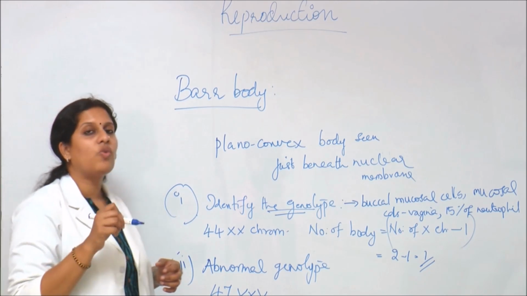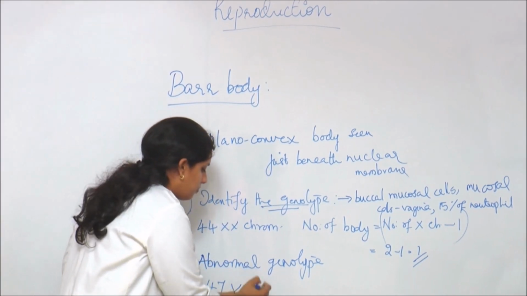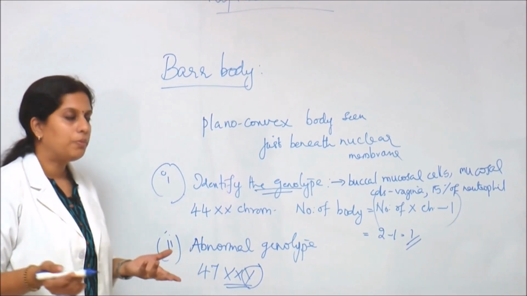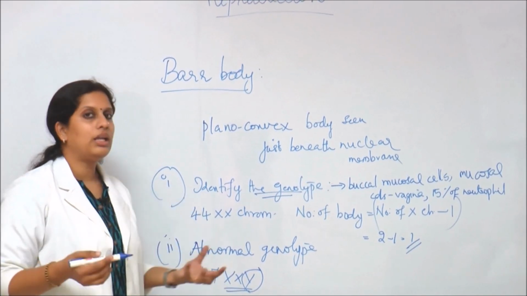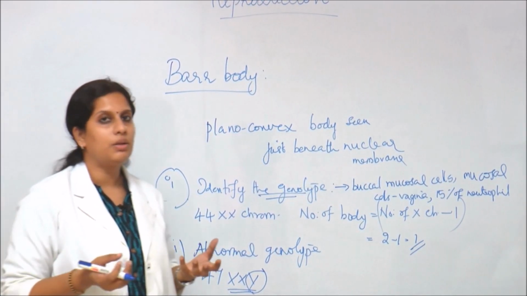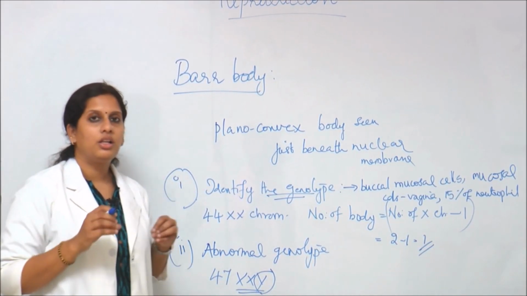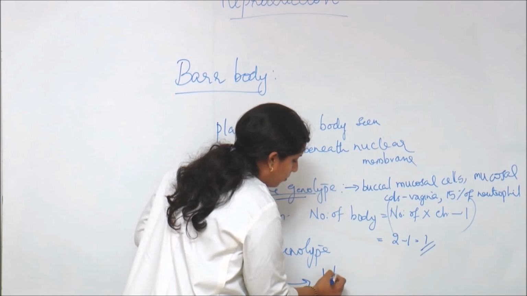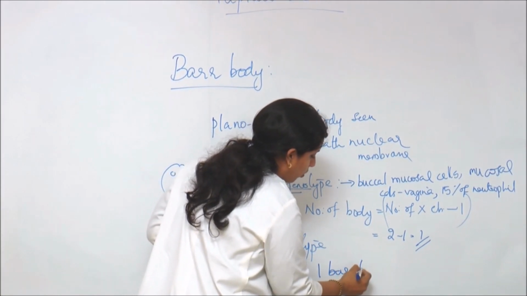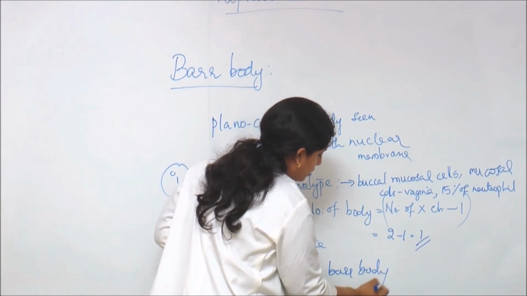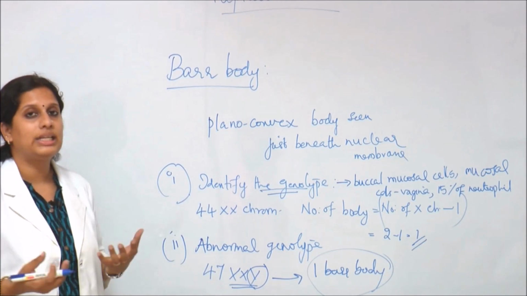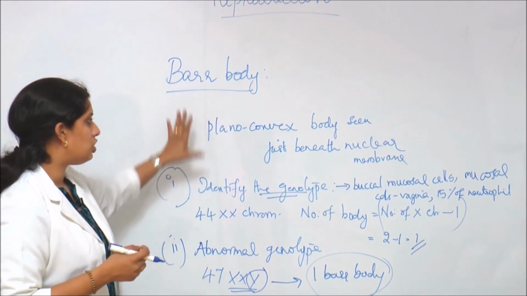The presence of Y chromosome means that the person is a male. So normally in a male individual they will not have any Barr body, but in this case 47 XXY they will have the presence of one Barr body. So like that it is able to detect the abnormal genotype.